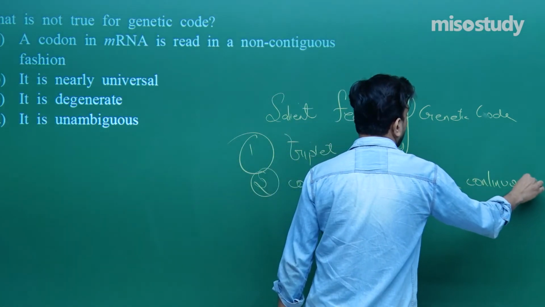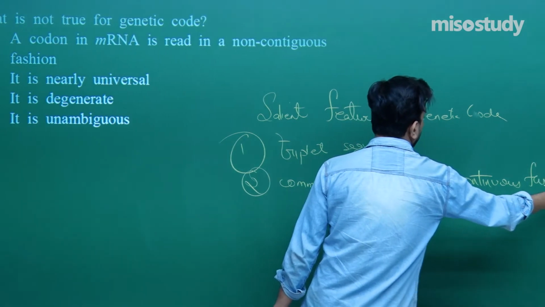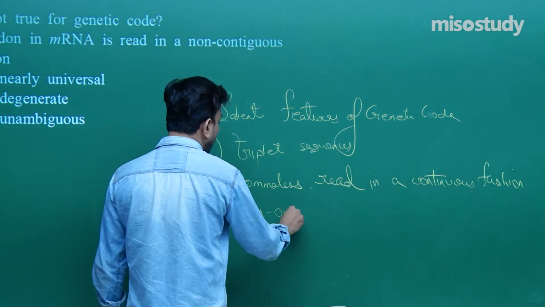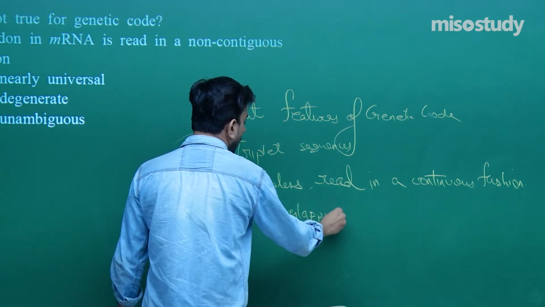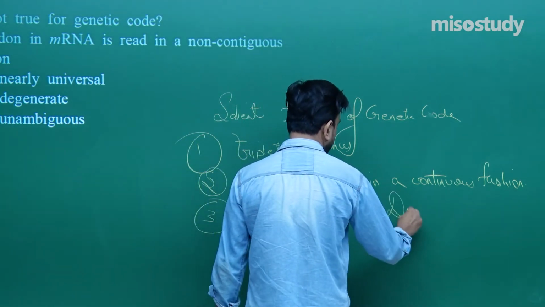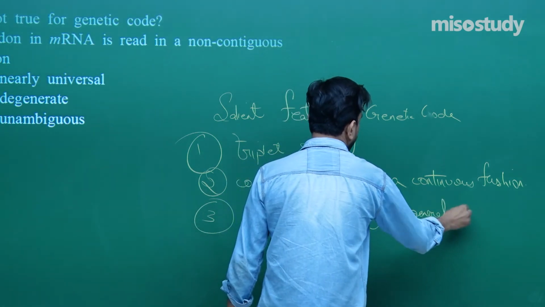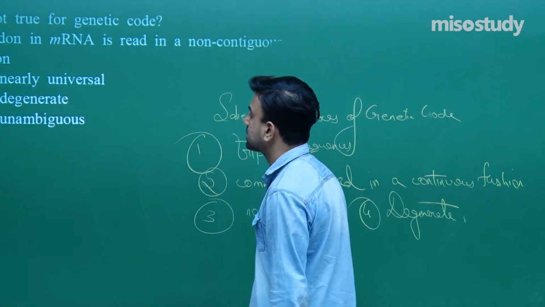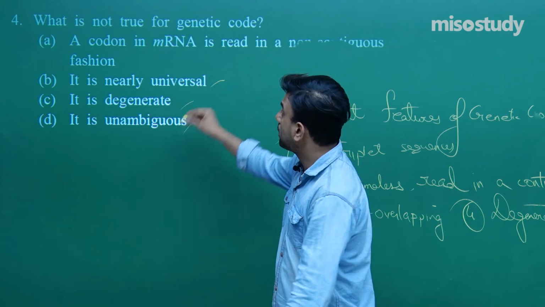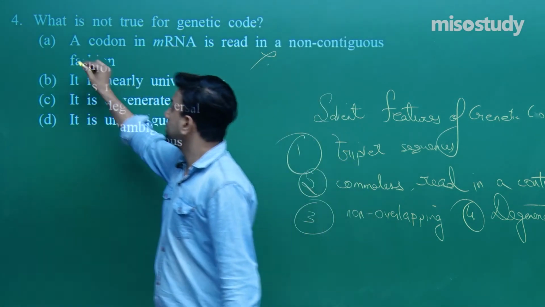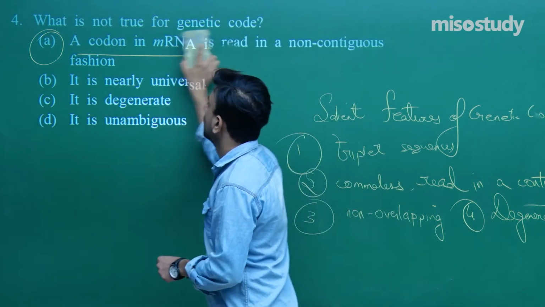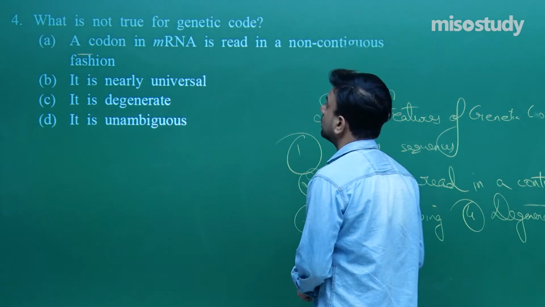These are non-overlapping, then these are degenerate codes, unambiguous, nearly universal. But this option is wrong, and hence this is the correct option. So the correct option will be the first one.